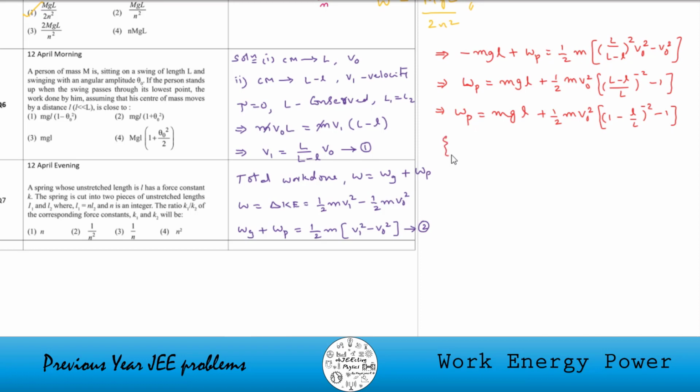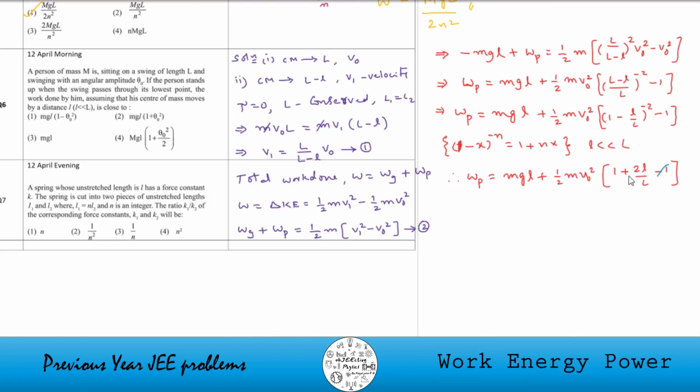According to the expansion (1 minus x) to the power of minus n is equal to 1 plus nx, after neglecting the higher powers, because in the question it is mentioned small l is very much less than capital L. Therefore Wp is equal to MgL plus half m V0 square into (1 plus 2 small l by capital L minus 1).